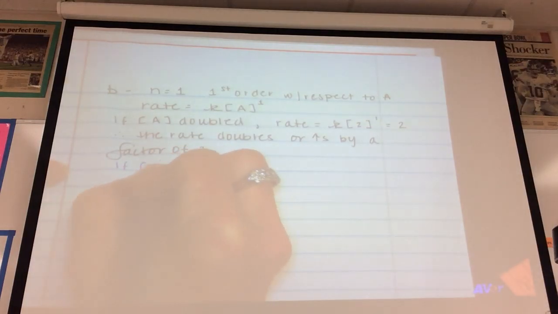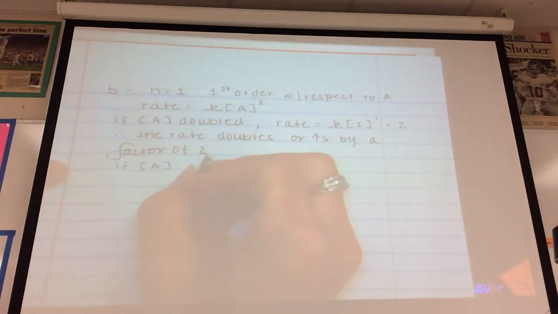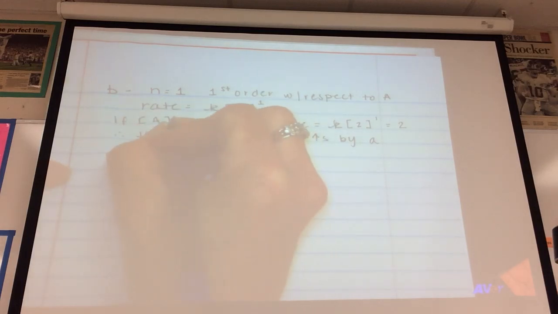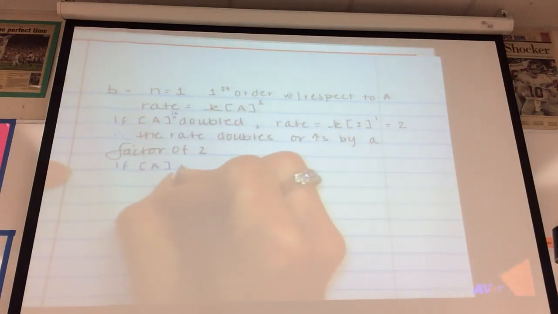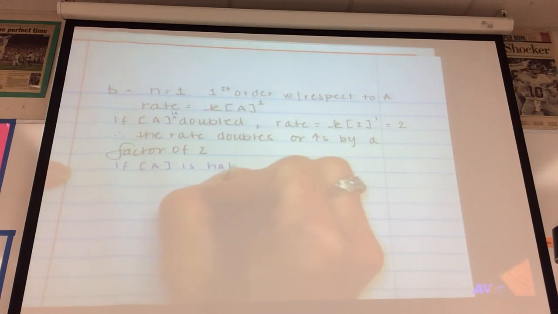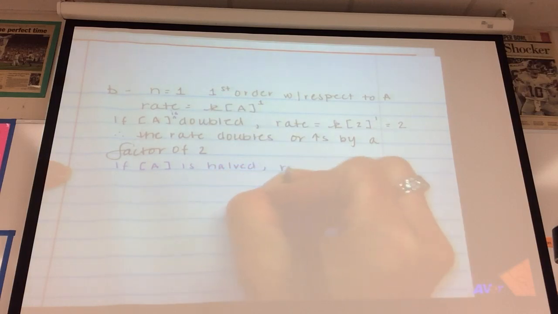If the concentration of A is halved, now I'm going to put a half in.